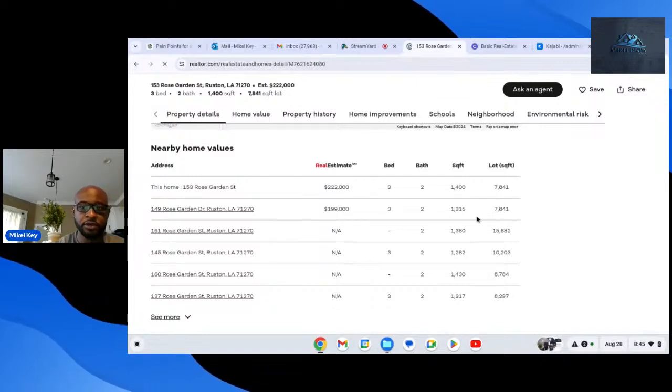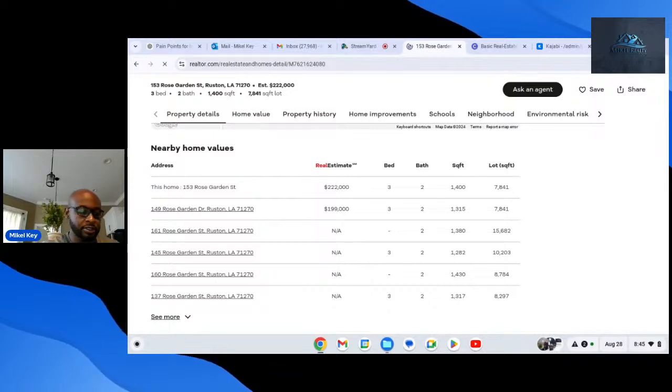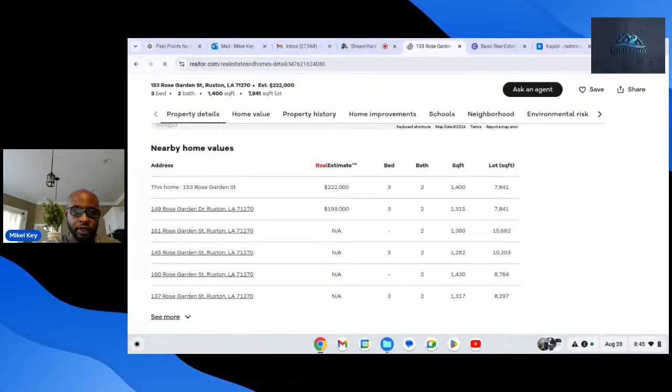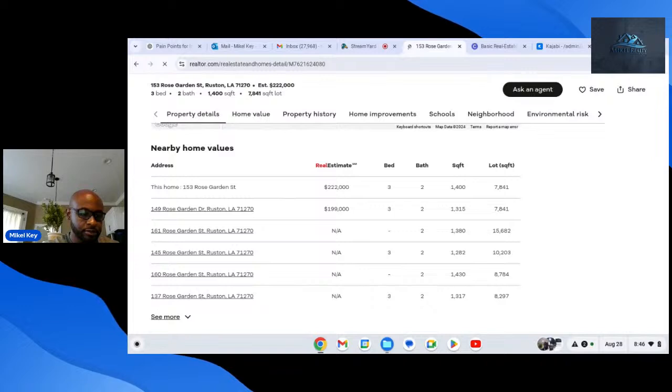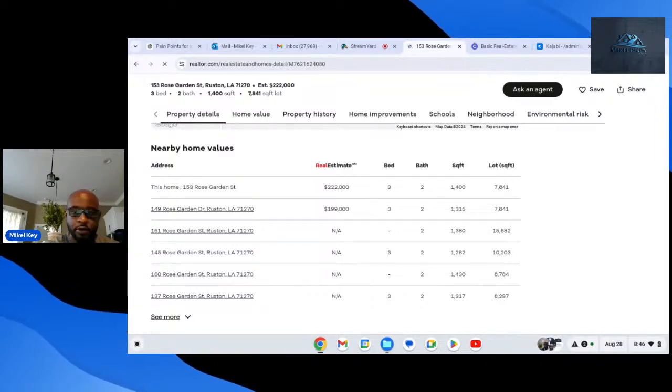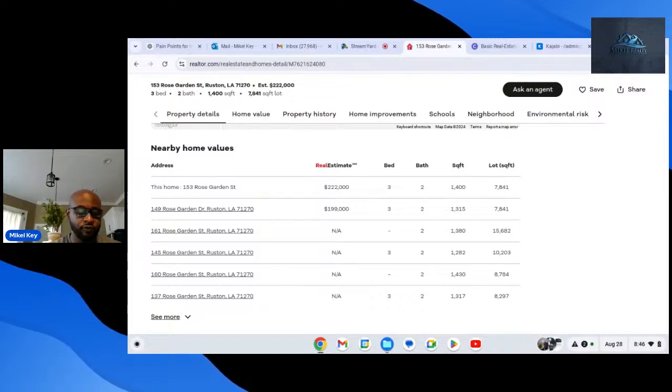Okay, so if we play around with that number, we'll just do some basic math. We take $199,000 divided by 1,315, which is $151 a foot. Okay, so I want you to understand how I came up with that.